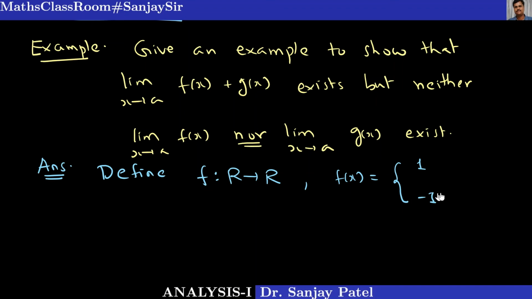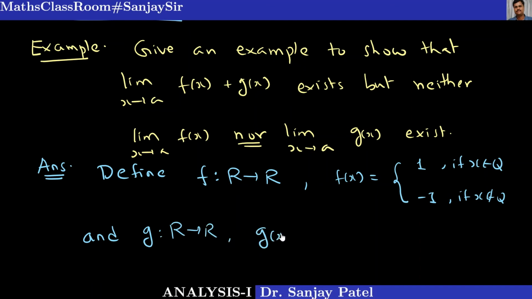Please understand, 1 if x belongs to Q and minus 1 if x is not in Q, means if x is irrational. And now the important step, define a function g from R to R as g(x) equal to, see the change, I am defining g(x) as minus 1 if x belongs to Q and equal to plus 1 if x does not belong to Q.